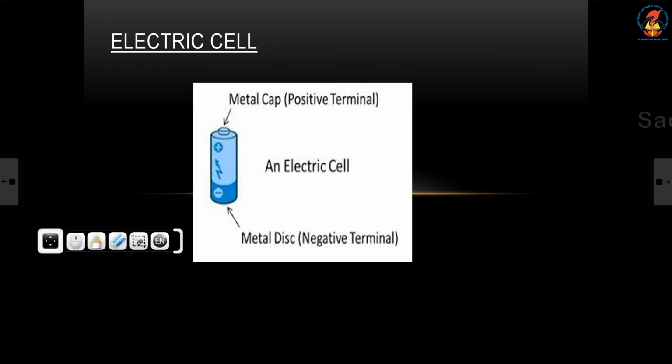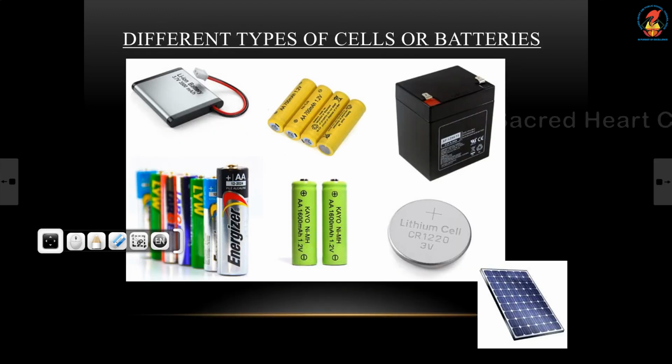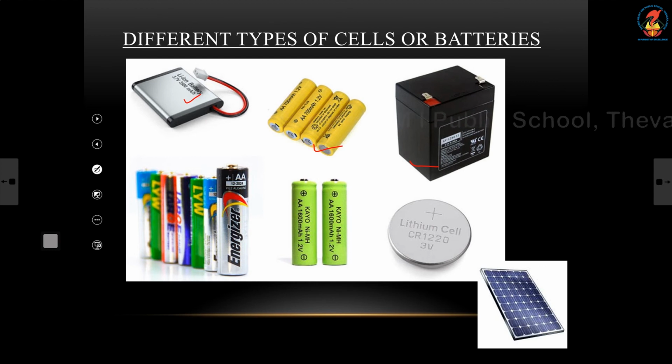Battery means more than one cell is there, then we will call it a battery. So, here this battery can be recharged again. We can charge it and use it again and again. That is a rechargeable battery.